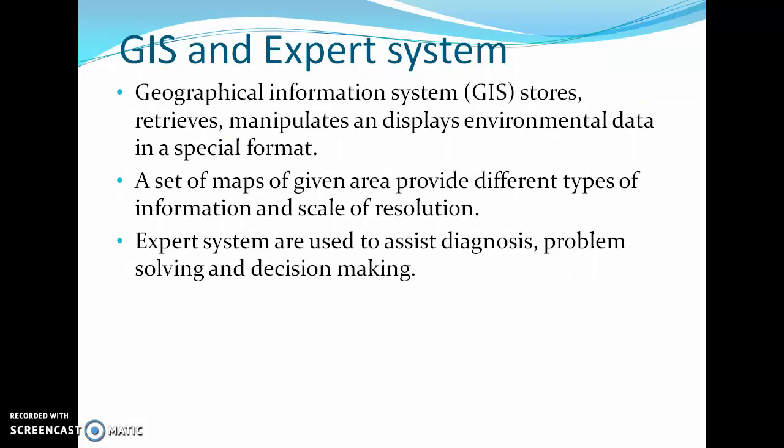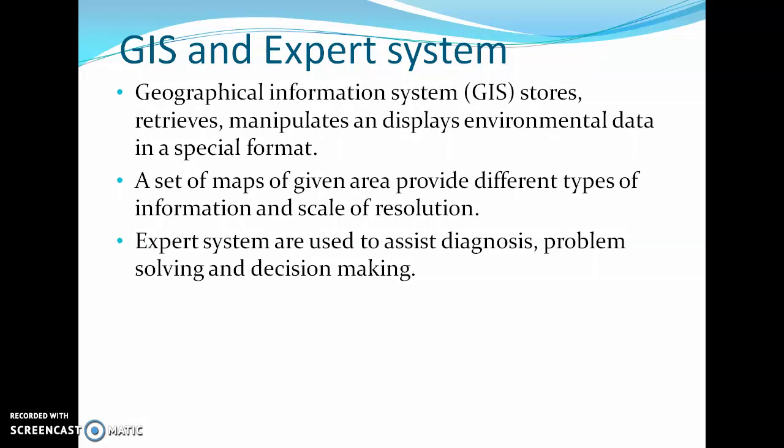And the last tool is GIS and expert system. GIS means, as you know, geographical information system, that can be applied to assess the environmental impacts. GIS stores, retrieves, manipulates and displays environmental data in a spatial format. A set of maps of a given area provides different types of information and scale of resolution.